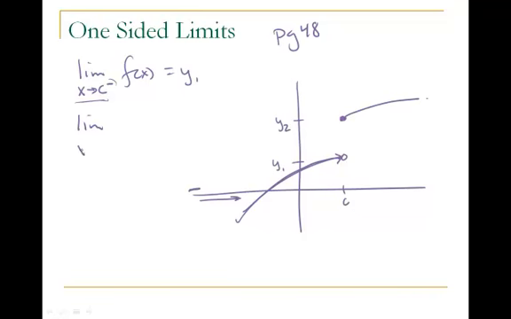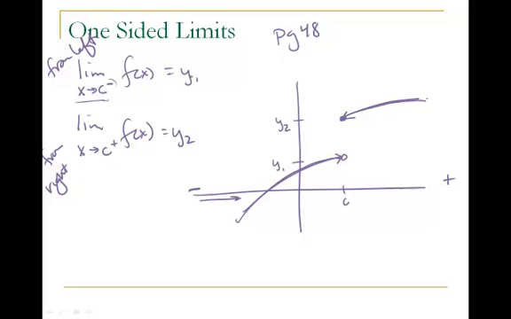The limit for this graph as x approaches c from the right, from the positive side, so coming from the positive side of the graph and coming towards my value c, the limit here is y sub 2. We approach y sub 2 as we come from the right. This is from the left, from the negative towards the positive, and this is from the right.